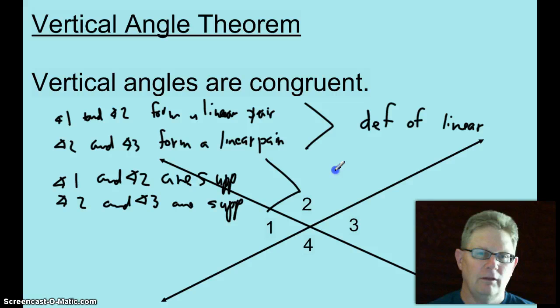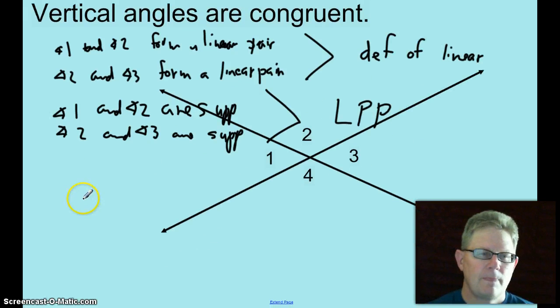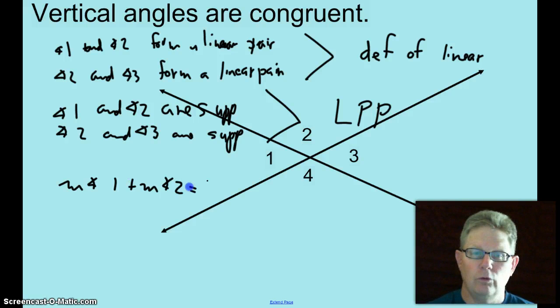We just talked about it at the last screen, the linear pair postulate. The measure of angle 1 plus the measure of angle 2 equals 180. And also the measure of angle 2 plus the measure of angle 3 equals 180.